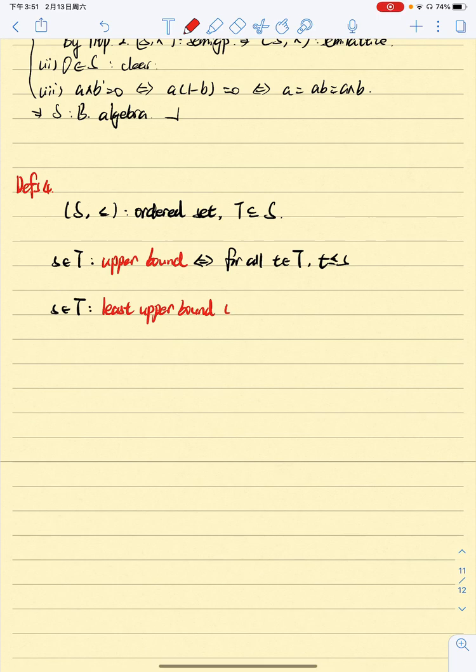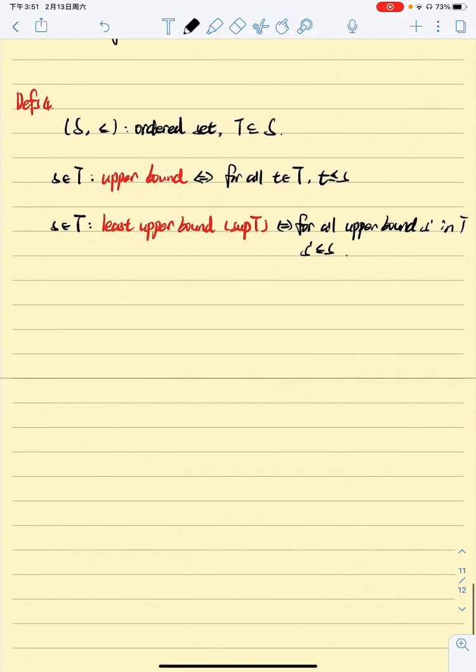Actually, we usually use sup T, if for all upper bounds S prime in T, S is bigger than S prime.